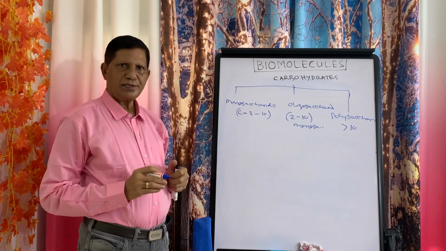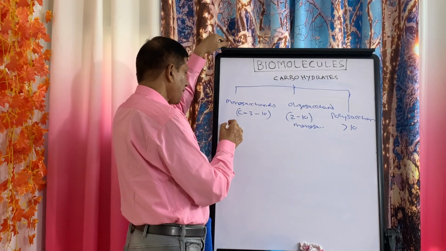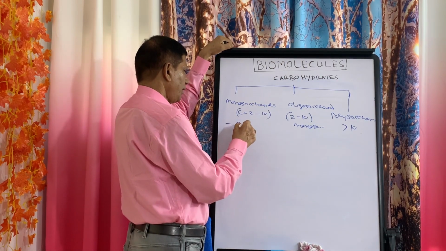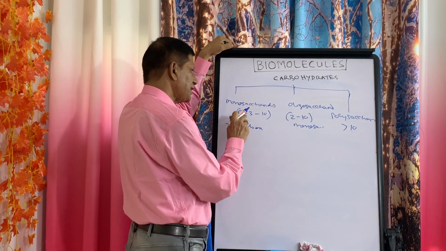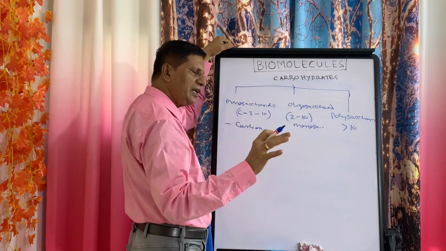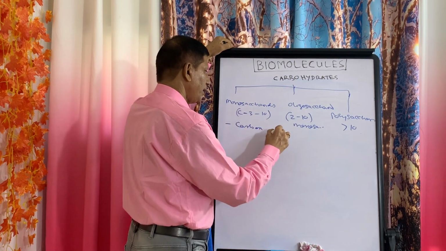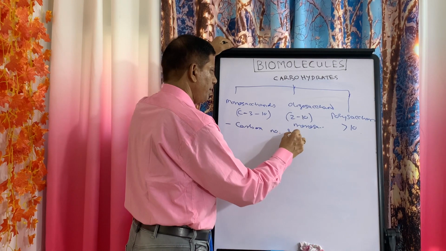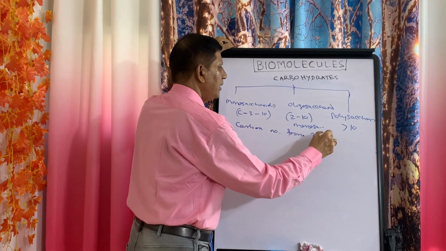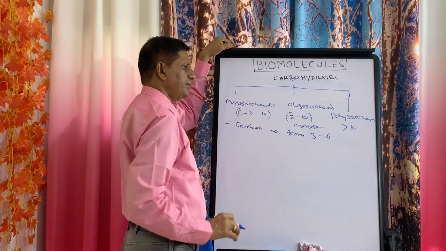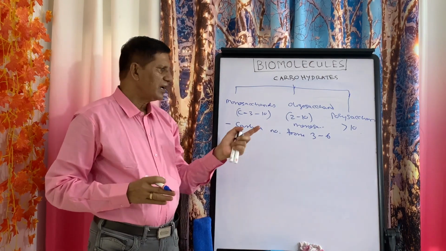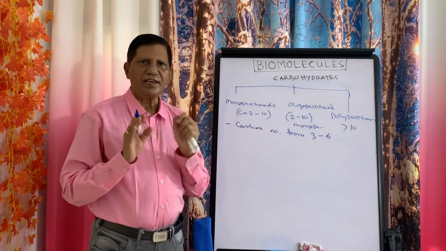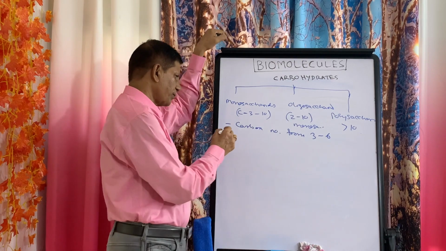What are monosaccharides? In monosaccharides, the carbon usually ranges from 3 to 10, but commonly inside the cell, the carbon number varies from 3 to 6 and rarely 7. Because 3, 4, 5, 6, they are very common in the cell. That is one.